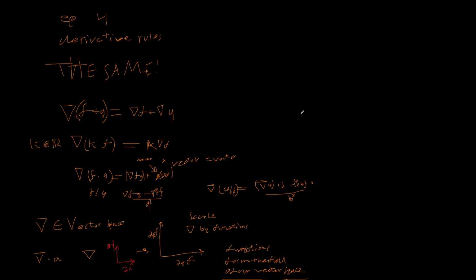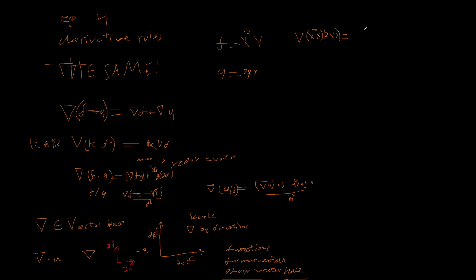And so you could try some examples out. A nice one: x squared y is going to be f, and let's suppose g is equal to 2yx. Well, what is the nabla of x squared y times 2yx?